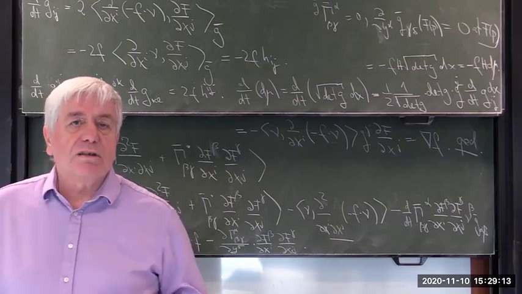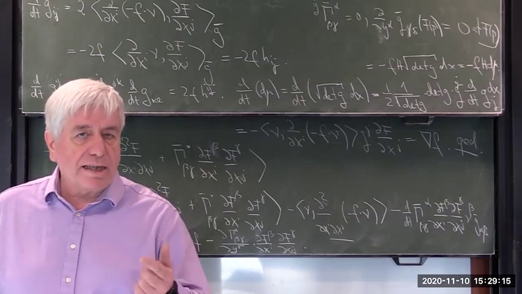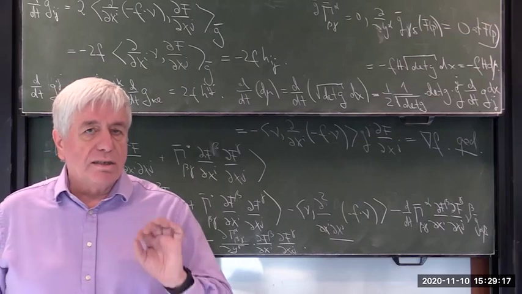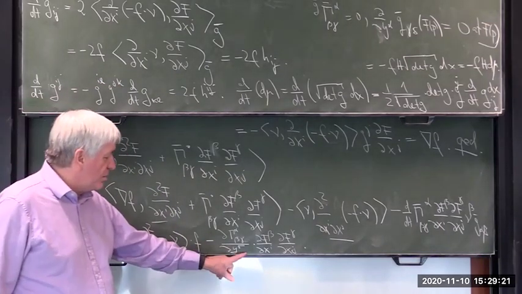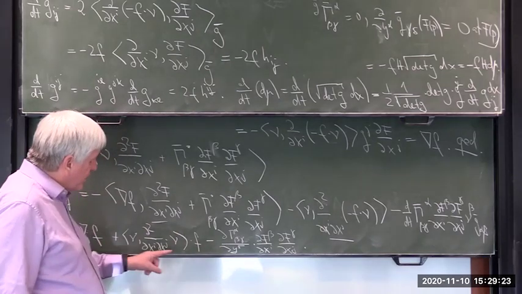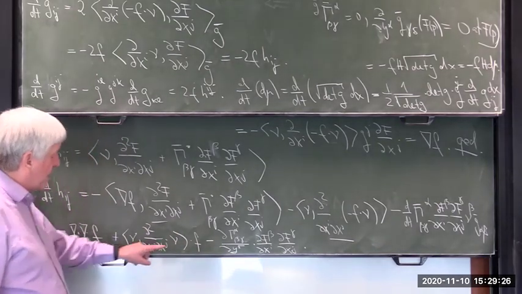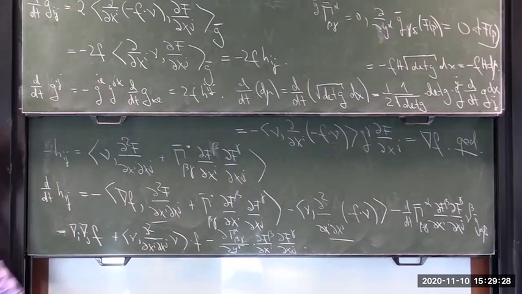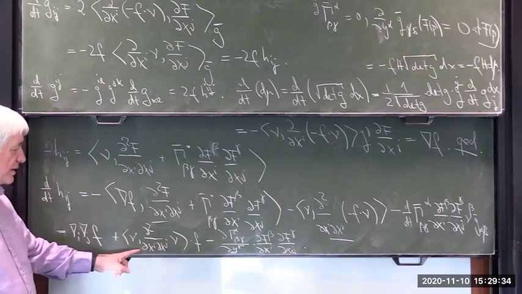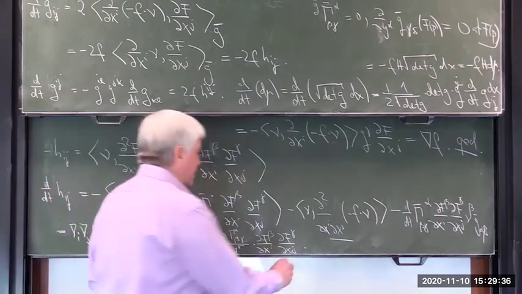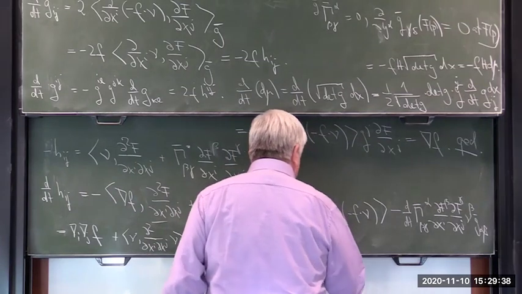The derivatives of the Christoffel symbols combine exactly to give you the curvature term that was asserted in the theorem. And the other term that you get from here is exactly the square of the second fundamental form when you use the Weingarten equation twice. So I leave that as an exercise and just write down the result again.